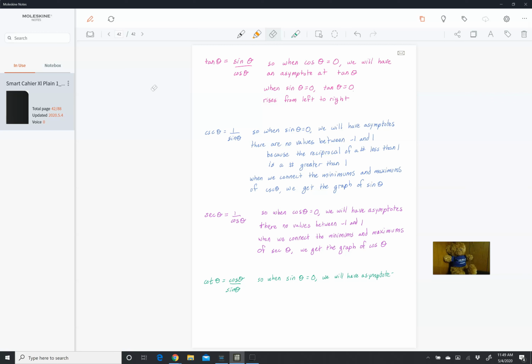Because we can see up here that cosecant also has this characteristic. When sine of theta equals 0, we're going to have asymptotes, okay? This has no minimums or maximums. And it falls from left to right.